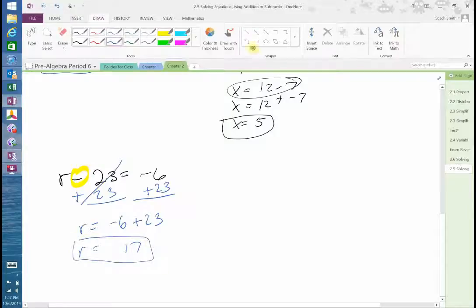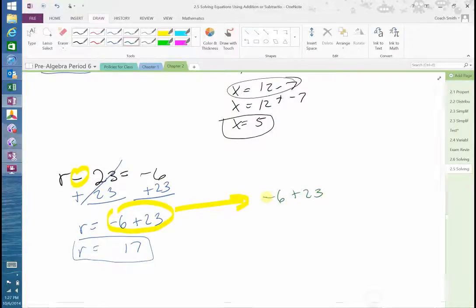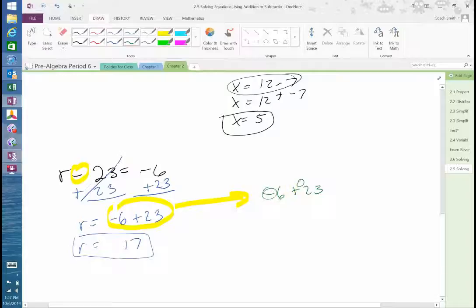Now, remember why that is true. Negative 6 plus a positive 23, I have a negative and a positive, so therefore I have to take their absolute value. Okay, you're going to have to take their absolute value. Absolute value of negative 6 is 6, and I subtract the absolute value of 23, so it would be 23 minus 6. 23 minus 6, 17.